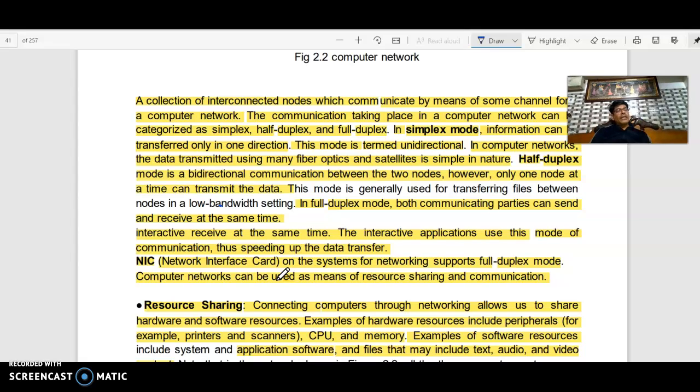IP address is also there, but the IP address can be changed, but the MAC address cannot be changed. The MAC address is called the permanent address and the IP address is called the logical address. The IP address is given by the ISP through which we are taking the connection, and the MAC address is given by the manufacturer, whether it is a laptop or a mobile. Automatically the NIC card and its MAC address will be there.